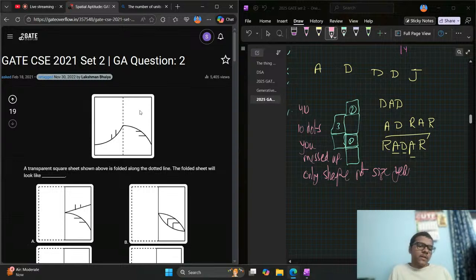A transparent square sheet shown above is folded along the dotted lines. The folded sheet will look like. Okay, that's easy. Yeah, it gets above that, and they will stay inside.